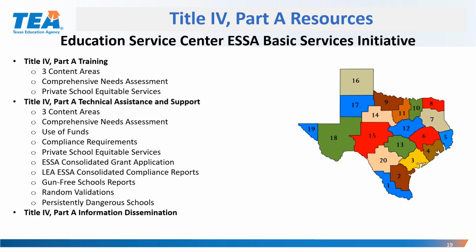LEAs may reach out to regional ESC staff who are available to provide technical assistance and support for the submission of the compliance report. ESC staff are also available to provide technical assistance to any LEA that reported not in compliance for any of the compliance self-check items. The purpose of the technical assistance would be to assist LEAs in meeting compliance the following year.